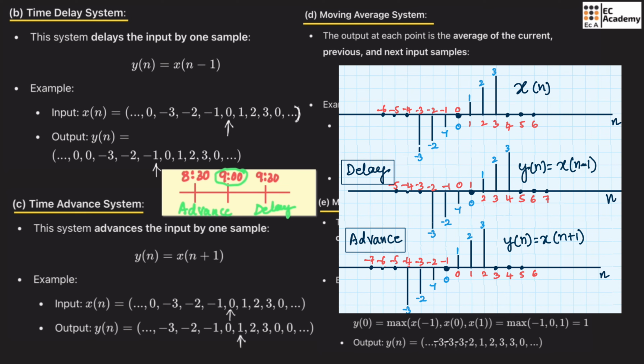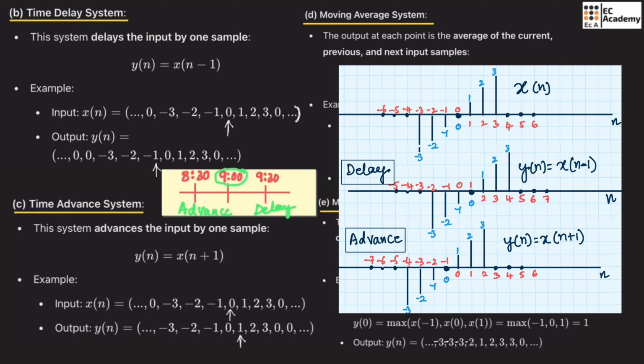In the same way, for the advance system, the input is advanced by one sample for this example. So you can see y of n is equal to x of n plus 1. Plus represents advance and 1 represents one sample. Here you can have 5, 6, 3, any values. In this example, we have taken 1, which means this input sequence should be advanced by one position.